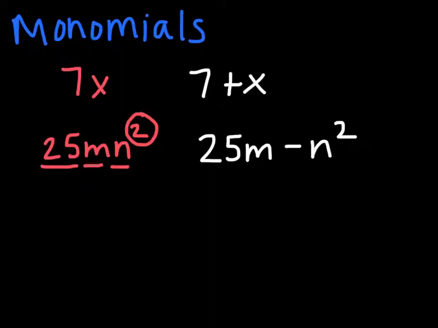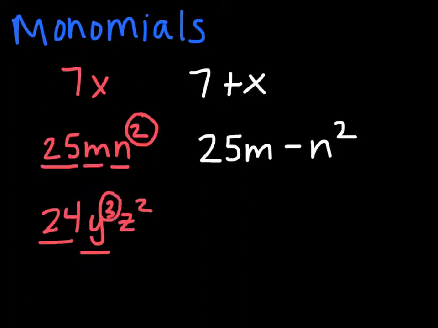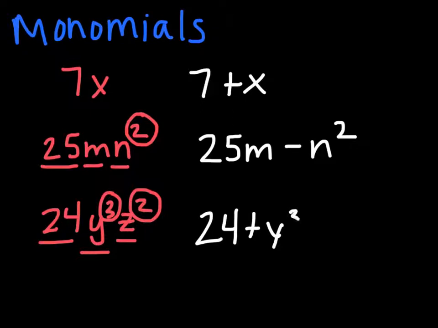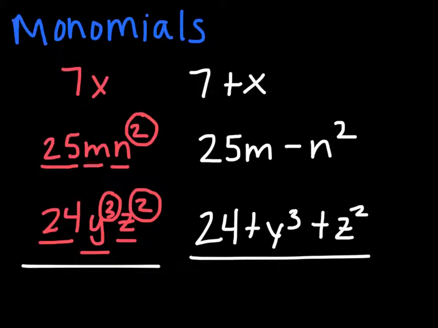Another example of a monomial would be 24y cubed z squared. We have a number times a variable raised to a power times another variable raised to a whole number power. That's a monomial. However, 24 plus y cubed plus z squared is not a monomial because we're finding a sum, we're not finding a product.